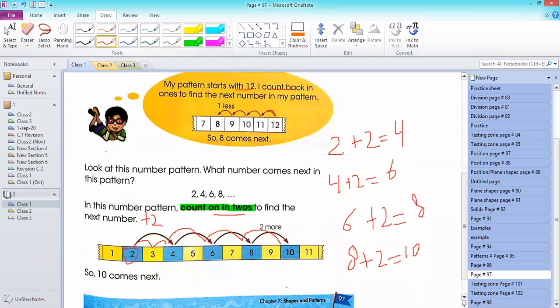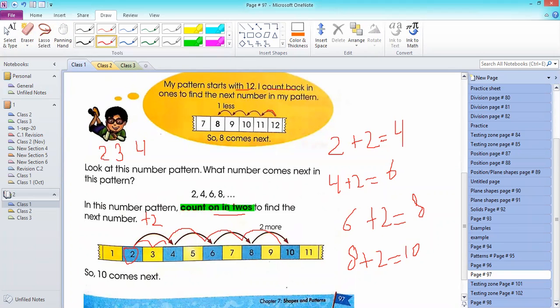There are two ways you can do this. You write 2, after 2 what comes? 3, after 3 what comes? 4. Like here, 2, 3, 4. Check whether you are counting on in ones, twos or threes. If you count on in ones, it should be 3, but it is not 3. After 2, it is 4. That means you are not counting in ones.